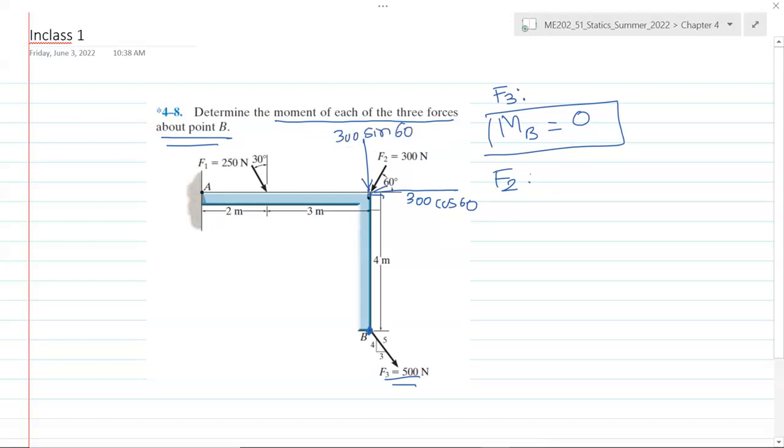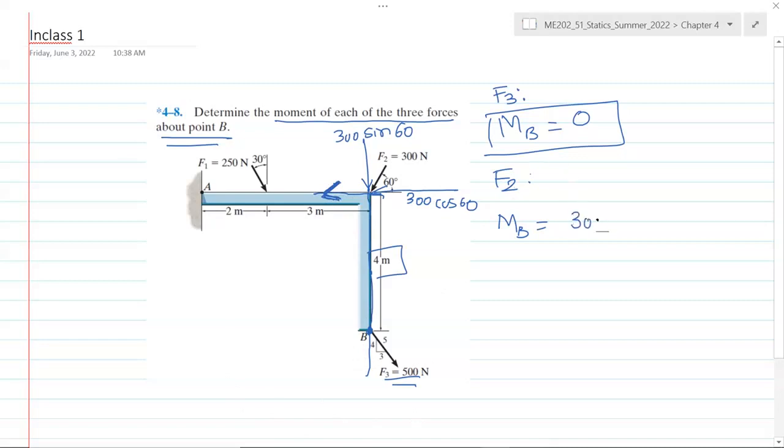Now 300 sine 60 passes through B, so it does not have any moment about B, but 300 cosine 60 and B has a perpendicular distance of 4 meters between them. So the moment about B in this case is, and this force has the direction on the left side going from right to left, so its moment about point B, if you apply the steering wheel, is counterclockwise.